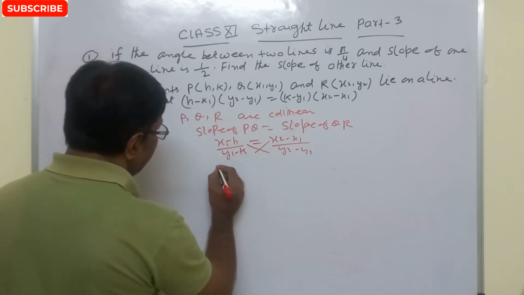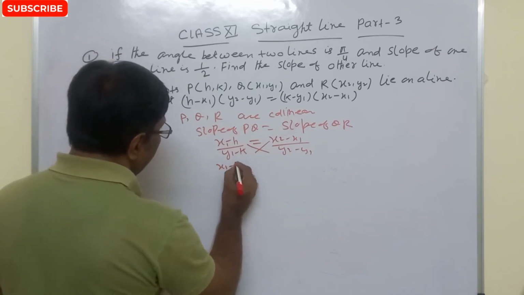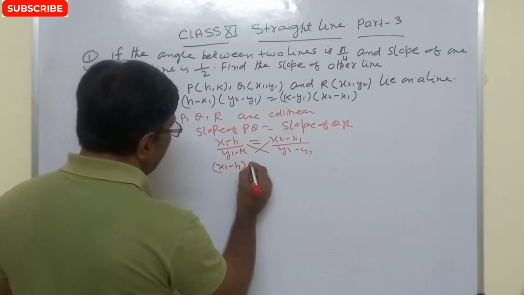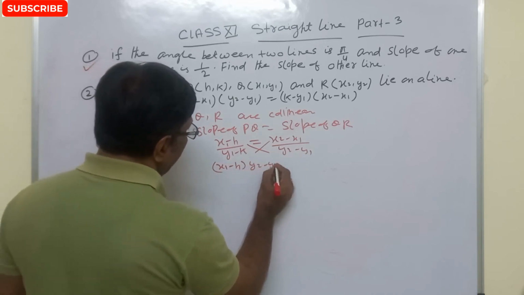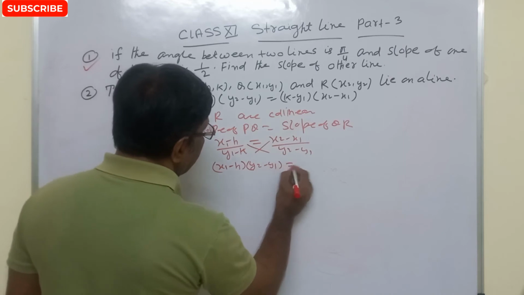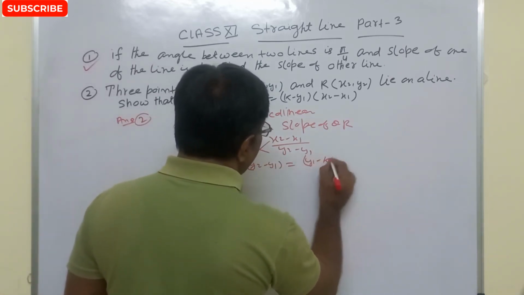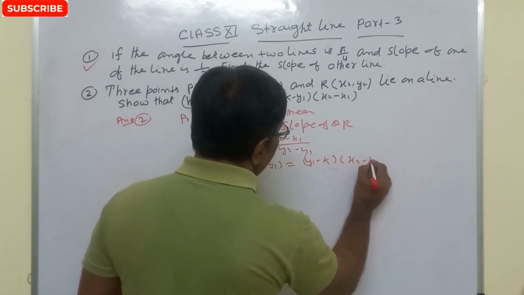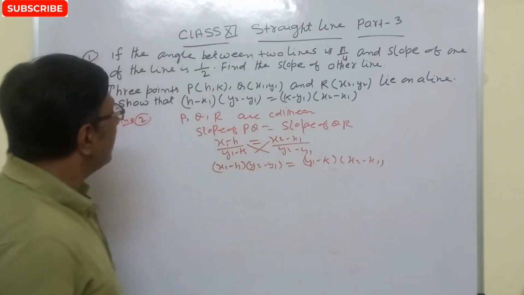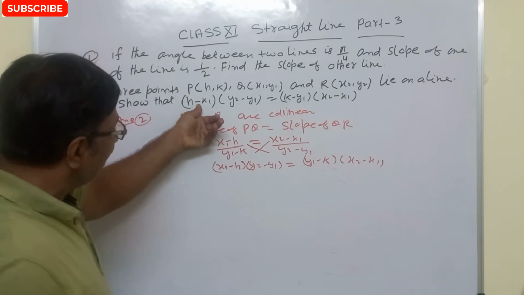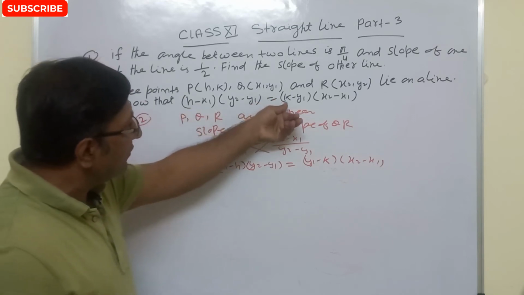So we can write this cross multiply: x1 minus h into y2 minus y1 equal to y1 minus k into x2 minus x1. So we have h minus x1 and here also k minus y1.